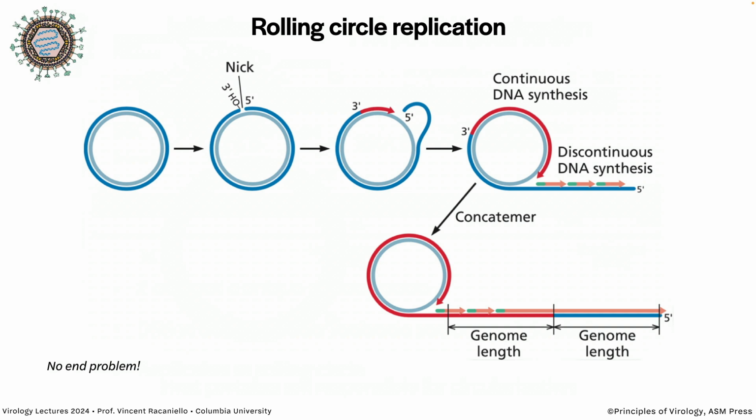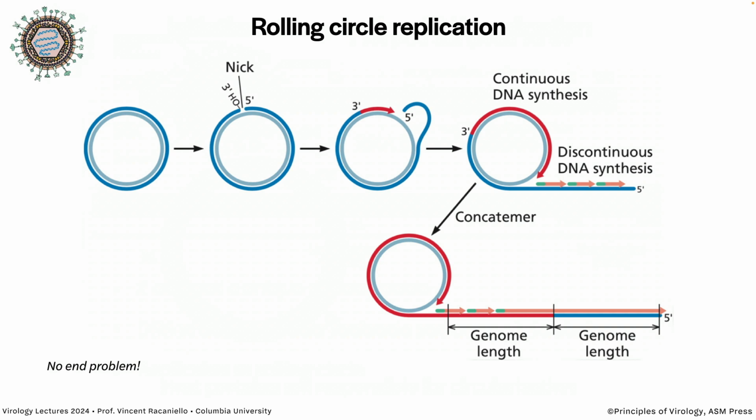And that keeps going, and you make what are called concatamers, which simply means long DNAs with many genome lengths in them. Genome length meaning the length that can be, well, 150,000 base pairs. And you make multiple genome length molecules.